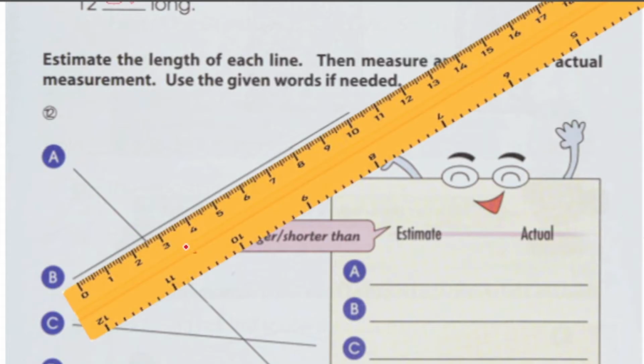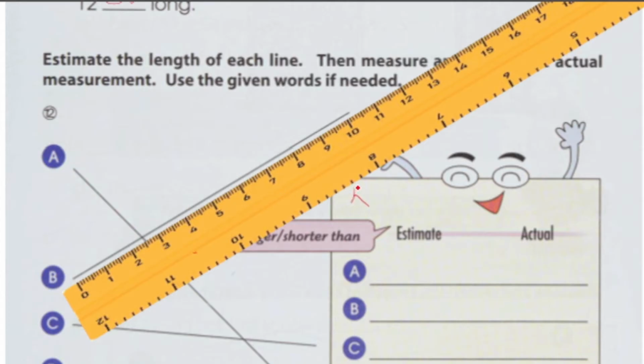So this is a scale. When we measure something by a scale, we have to fix the zero of the scale with the beginning of the item which we are measuring. As you see, it is around 10 centimeter. These marks are centimeter marks and these are inch marks, right?